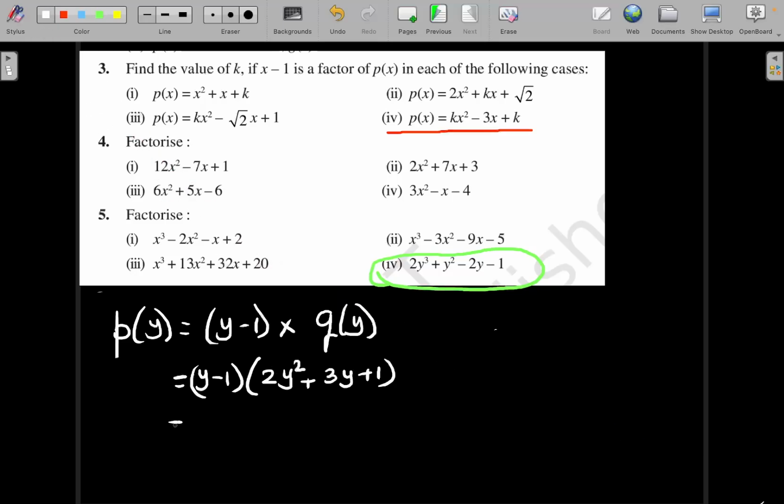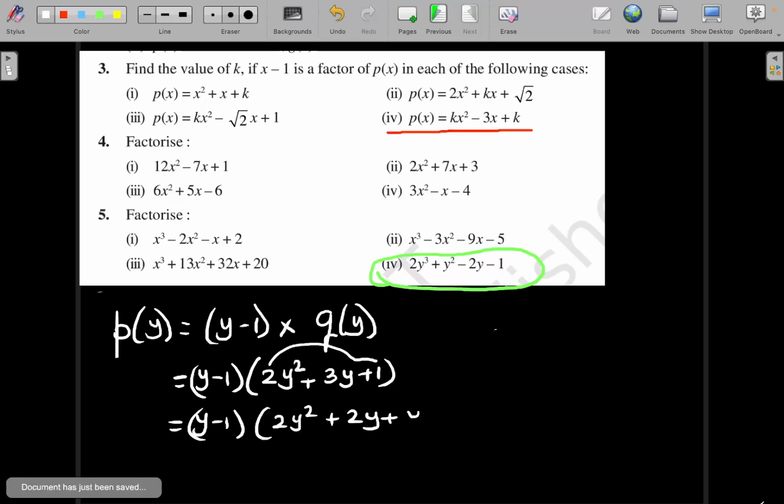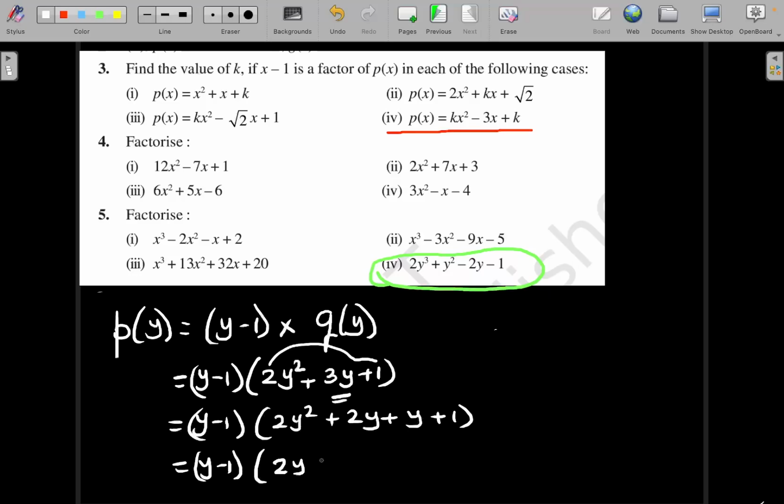Now this one is very easy. So I need to look for factors of 2 into 1, that is 2, which is 2y square plus 2y plus y plus 1, because 2 into 1 is 2, and I'm looking for 3y, you can see that it's a split, and so this is equal to y minus 1, and here I can take 2y as the bracket, so y plus 1 plus 1 into y plus 1.